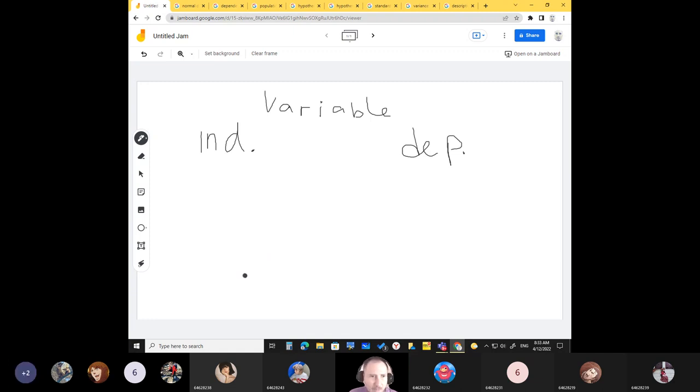Variable is any number. It varies. You can sleep 10 hours, you can sleep 6 hours, you can go to the toilet 2 times per day, you can go to the toilet 10 times per day, right? Variable is some number, and it's called variable because it varies.